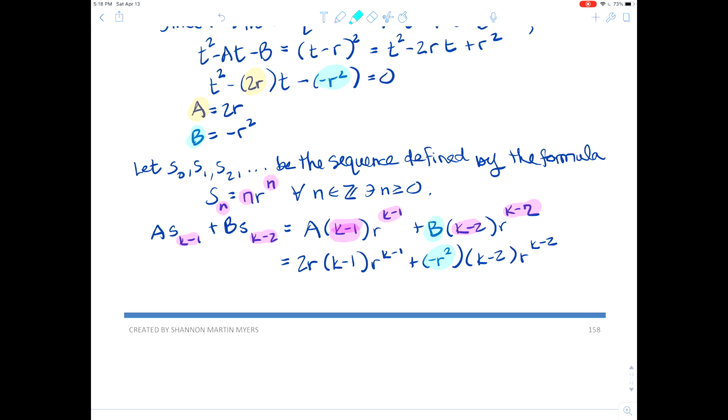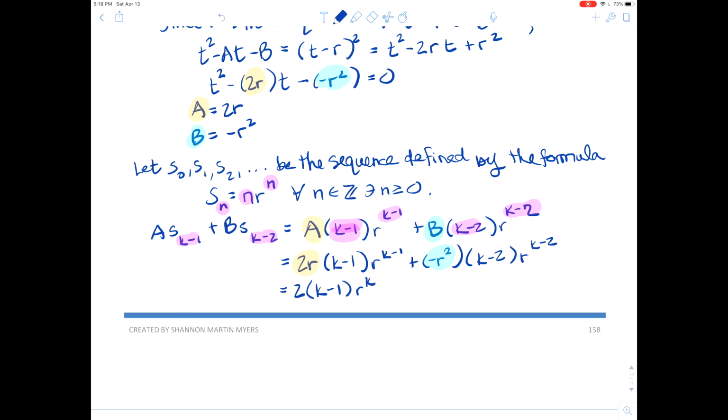This was our B, and the 2r was what A was. Well, what's this going to be? If I go ahead and combine the r's, meaning that r to the 1 times r to the k minus 1 would be 2 times k minus 1 times r to the k, right?